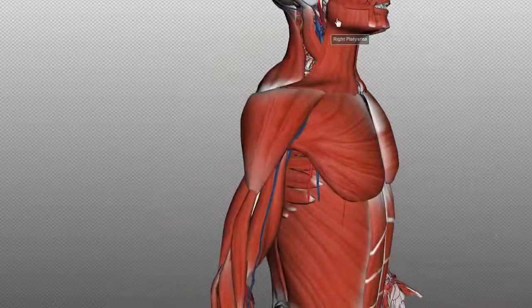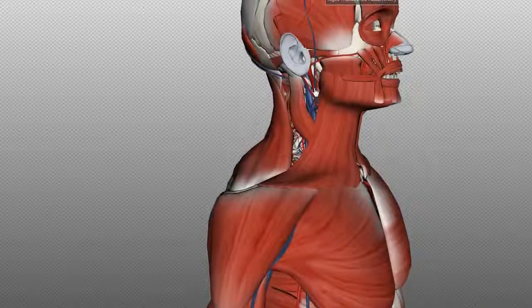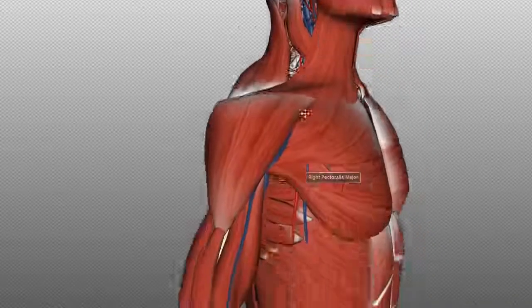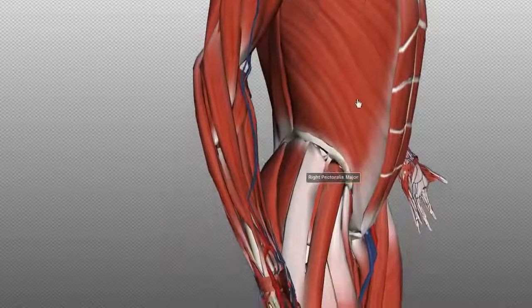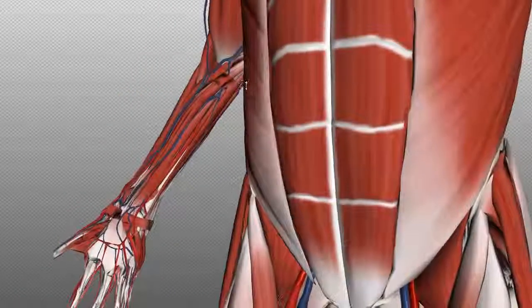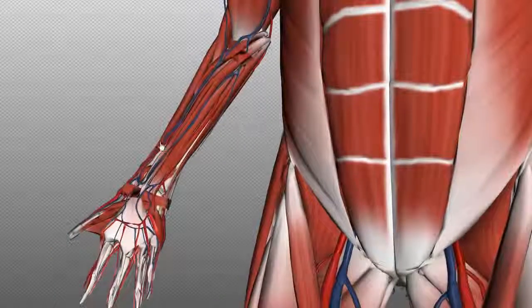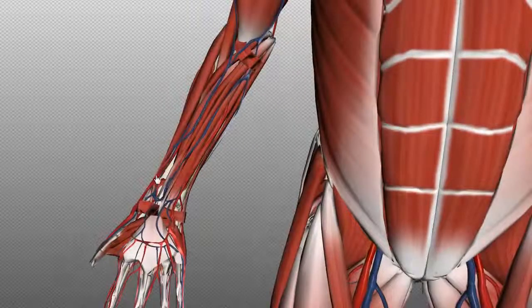So you can see that this is palpable between these muscles here, so the carotid artery. At the arm, there are two pulses you palpate, one just at the elbow, so you've got the brachial artery, which you palpate here, medial to the biceps tendon, and at the wrist you palpate the radial artery here.